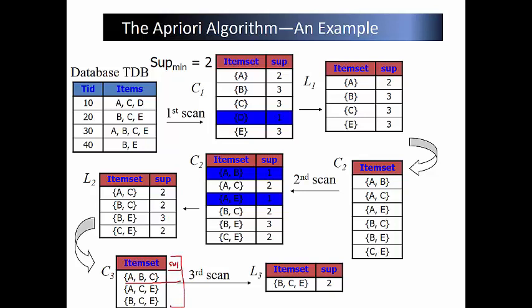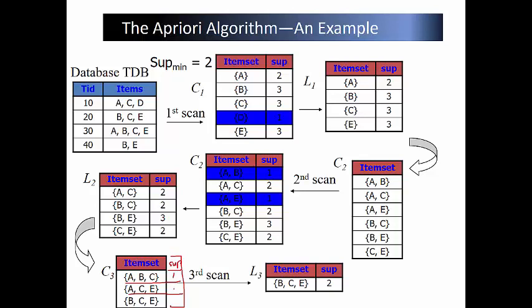So support. How many records have A, B, and C? Only one record, transaction ID 30. So only one, right? ACE. How many have ACE? AC here.